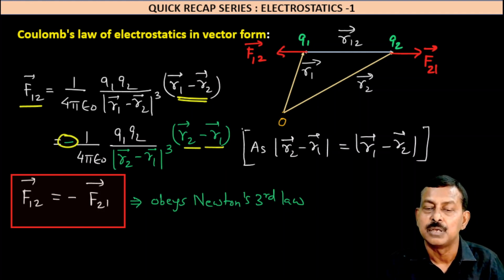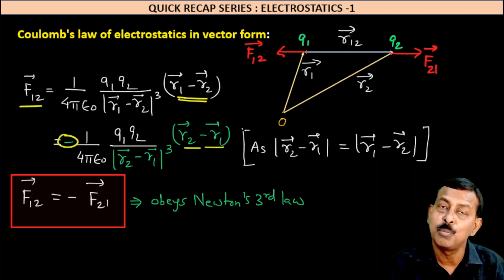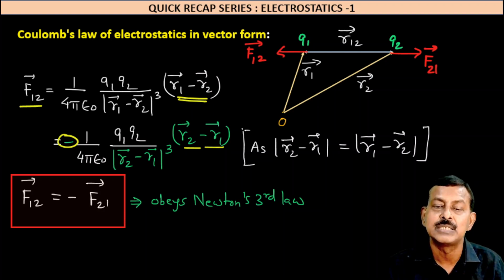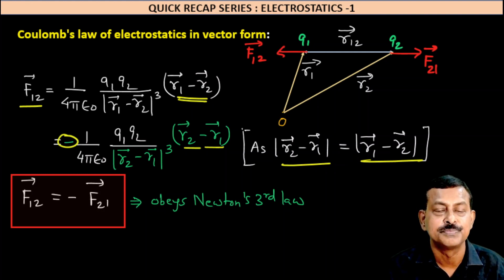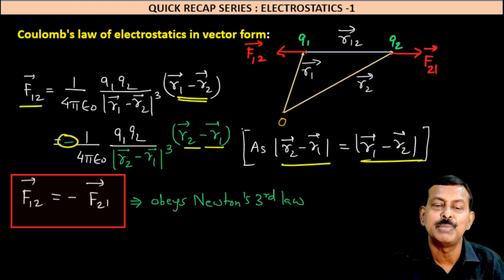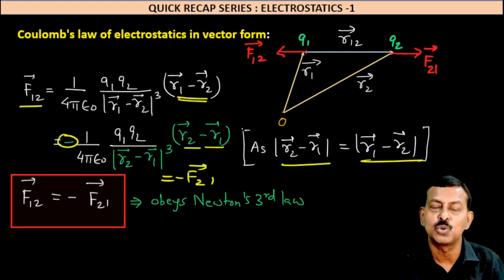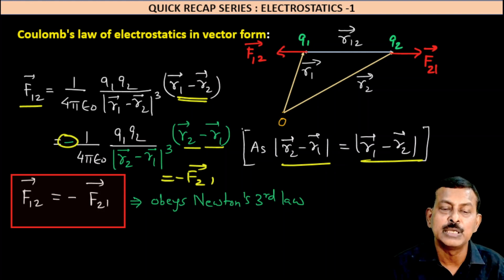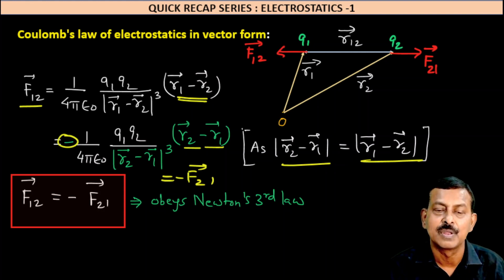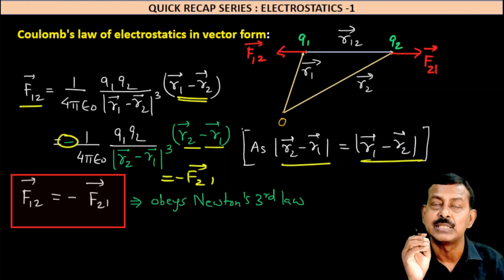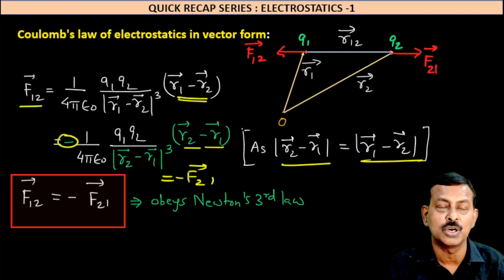Now as we have the R2 minus R1 vector magnitude the same as the R1 minus R2 vector magnitude, we can say that this will be equal to the F21 vector with a negative sign. So here we have shown F12 vector equals minus F21 vector. And this also shows that it obeys Newton's third law.